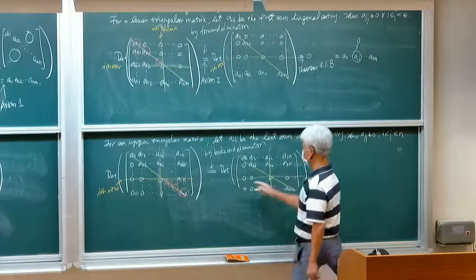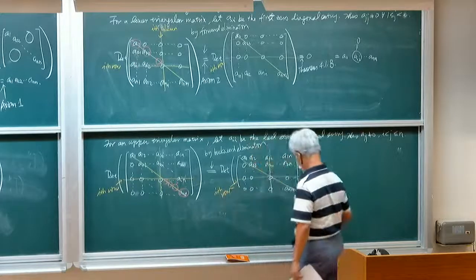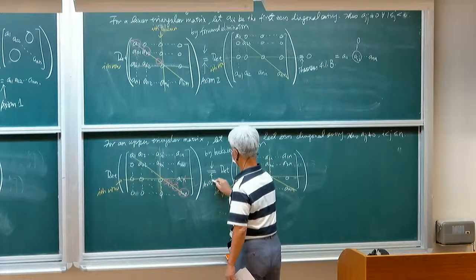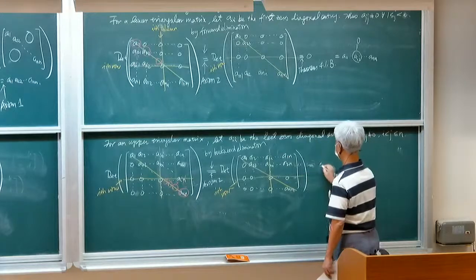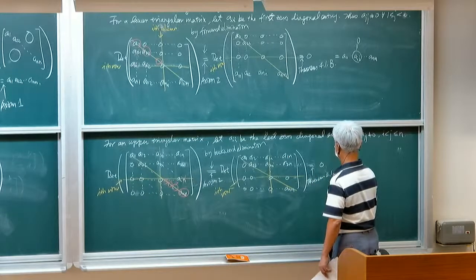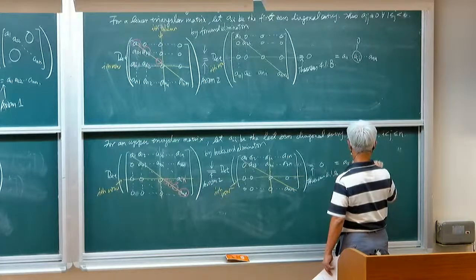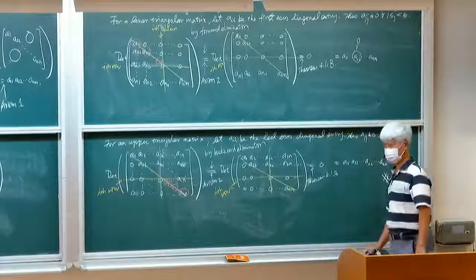Okay, and now the ith row becomes 0, 0. And this is Axiom 2. So this becomes 0 again by Theorem 4.1.b. And we are done.